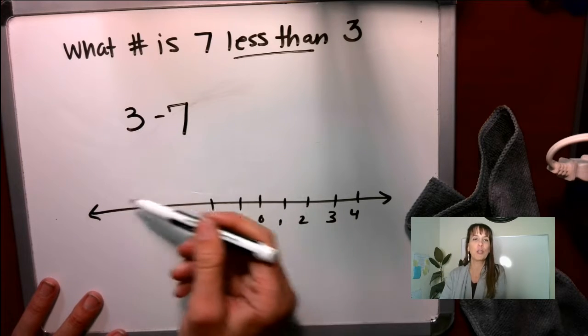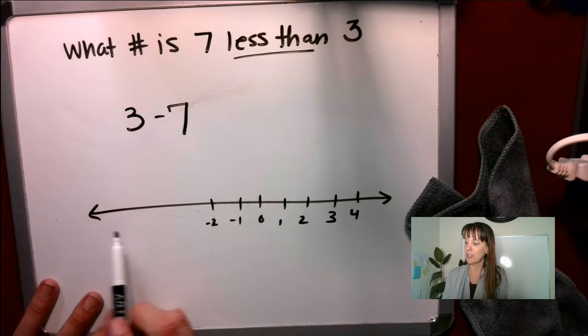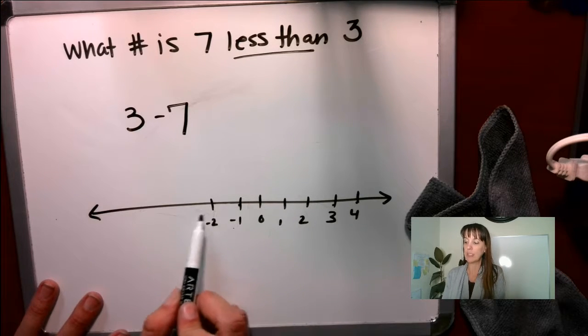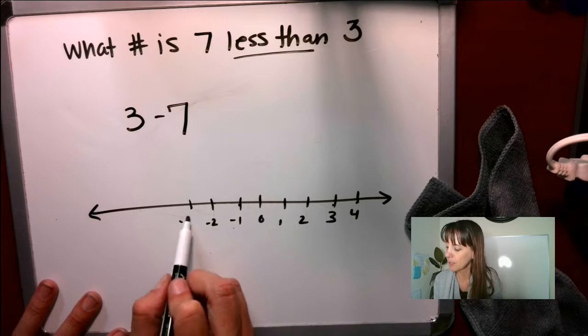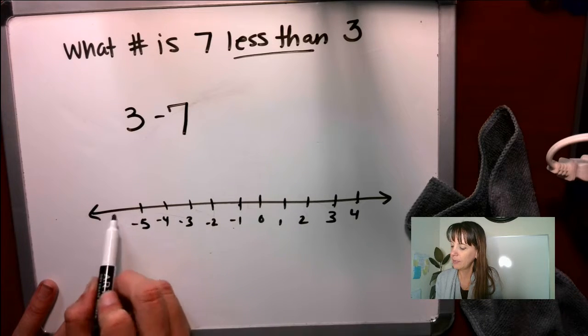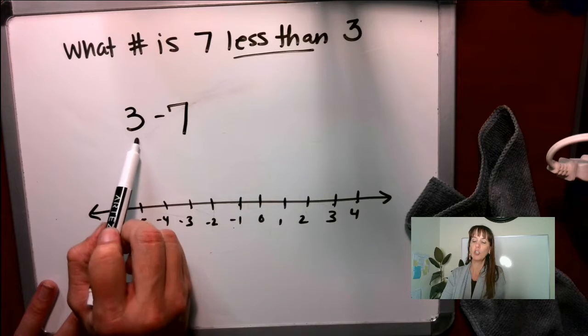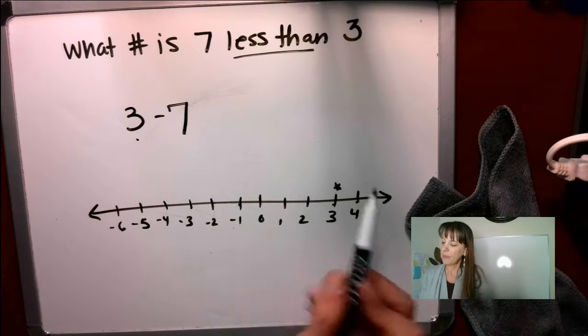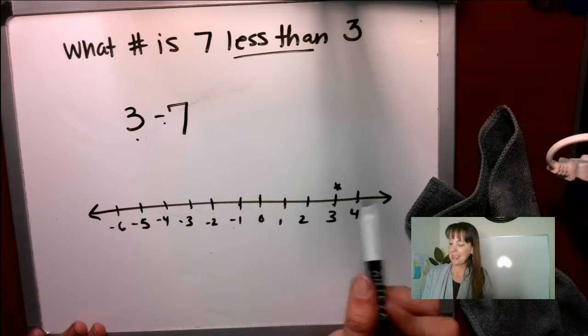So guys, the further it is this way, the smaller it is, right? So 4 is larger than 3, but -1 is larger than -2. So -3, -4, -5, -6. All right, so we start at 3. Less than means to flip, flip, flip, okay? So we start at 3 right here, and we go 7 less than that.